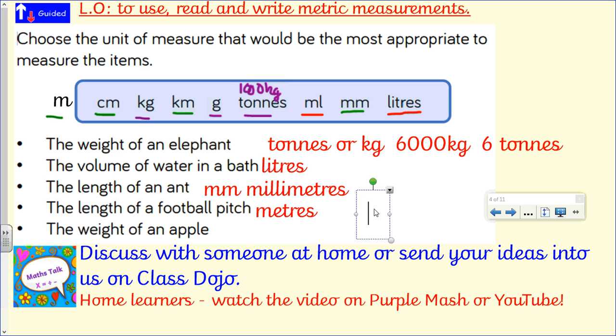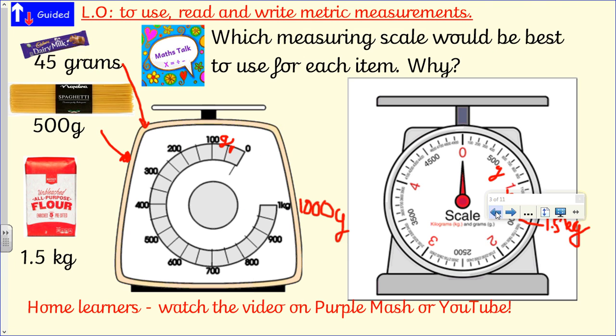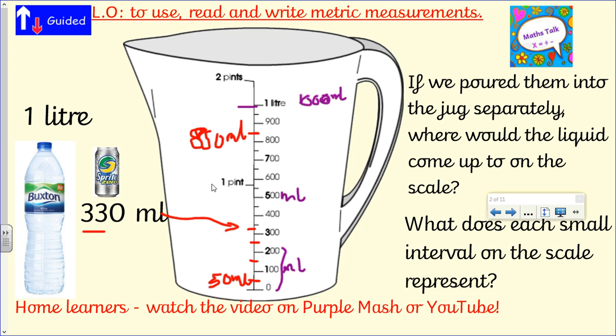You might also hear in football the word yards being used. So yards is an imperial measurement. So in the past, I'm not talking very long ago really, we used to use imperial measurements instead of metric measurements. Oh, there was one on the jug, I think. Yes, look here. So 1 pint and 2 pints are imperial measurements. So it's what we used to use in the past.